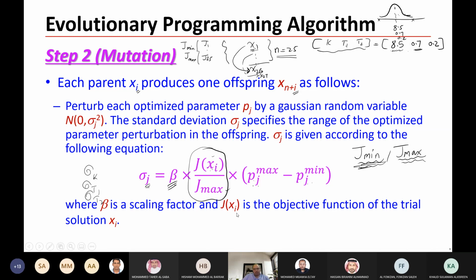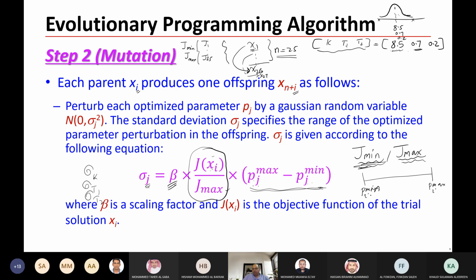Beta is a scaling factor. You can set it intelligently. You can say, this is the range of the variable, B max minus B minimum.